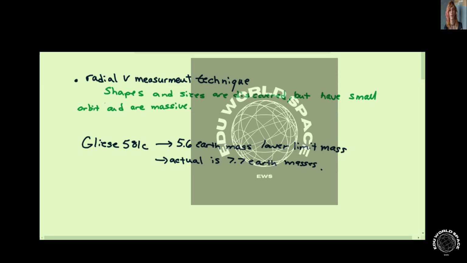So the lower limit mass right here is found through the radial velocity measurement, which we explained right above. But it's only the lower limit of the mass.